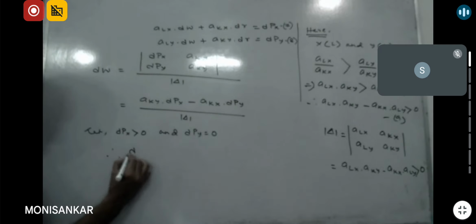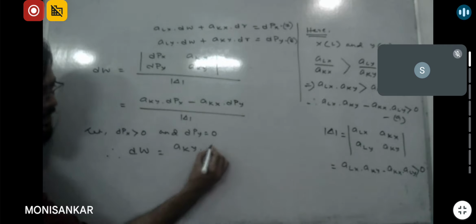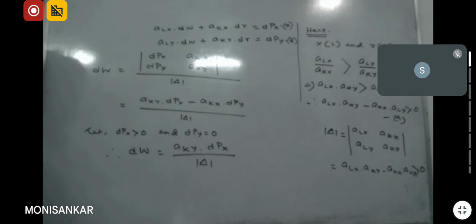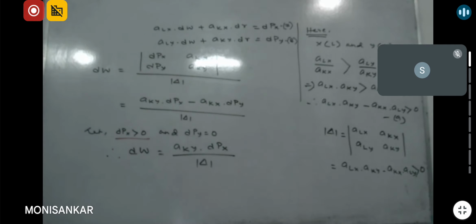So this time your dW equals Aky into dpx by delta. We want to show that when trade opens up, we specialize in X, because price of X rises in your country. So that's why we neutralize the price of Y. Py is 1, so dpy is 0. Now look, your dpx is positive because price of X rises.